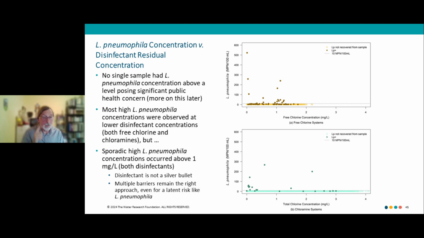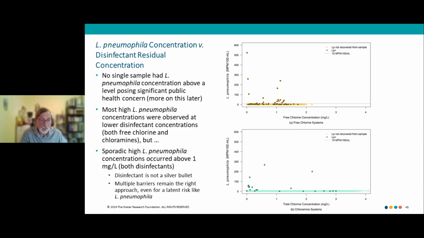All right, on to some somewhat busy slides. Sorry about that. Let's look at Legionella pneumophila concentration abundance as a function of disinfectant residuals. So on the right-hand side, the top panel, the dark dots show positive samples, and they show the concentration in MPN per 100 milliliters. And then the x-axis is the disinfectant concentration.